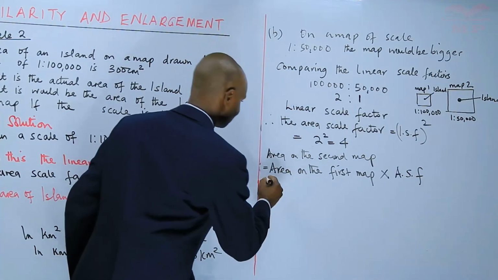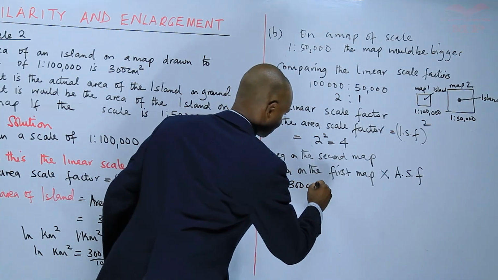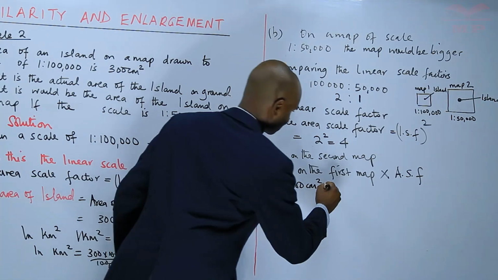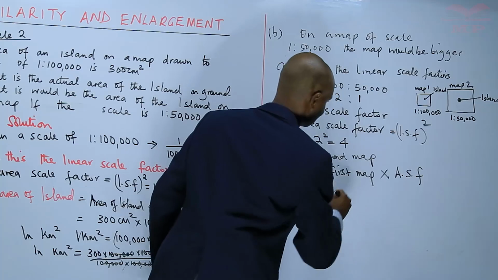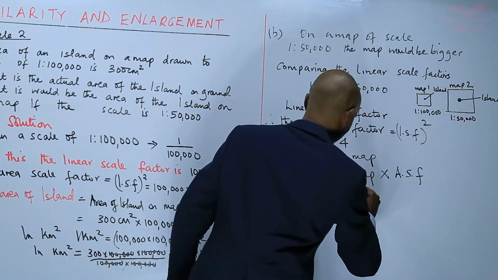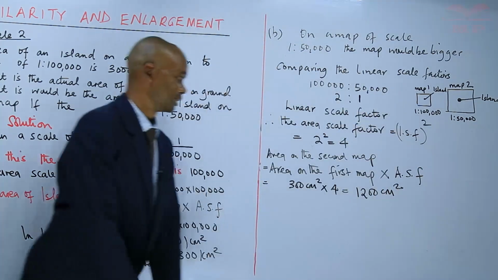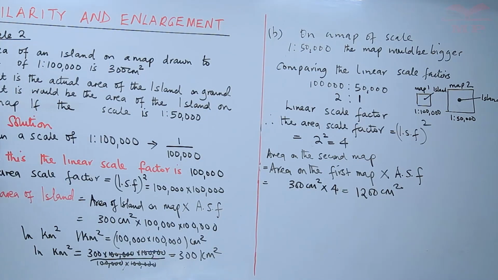So the area on the map was given as 300 centimeters squared times the area scale factor, which is 4. So that will now become 1,200 square centimeters.